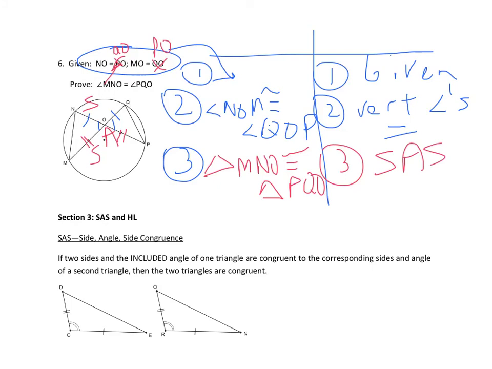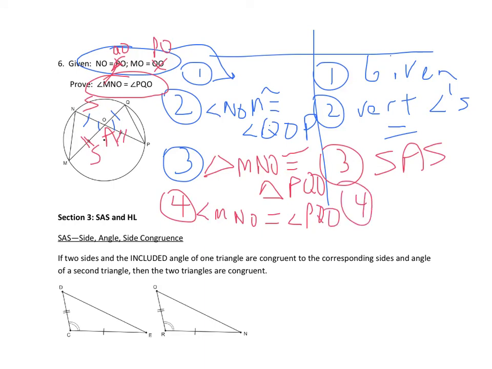Now notice, sometimes you're just proving triangles congruent. Here they want us to prove those two angles, MNO and PQO, are congruent. To do that, you have to prove the triangles congruent first, and then you can state that any corresponding sides or any corresponding angles are congruent. So we can then state that angle MNO is equal to angle PQO.